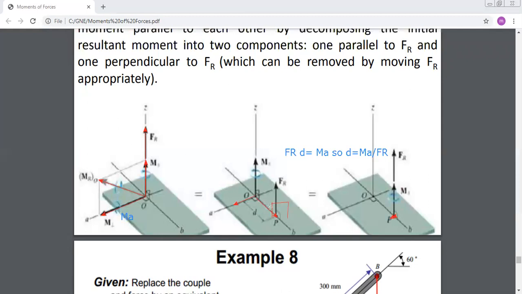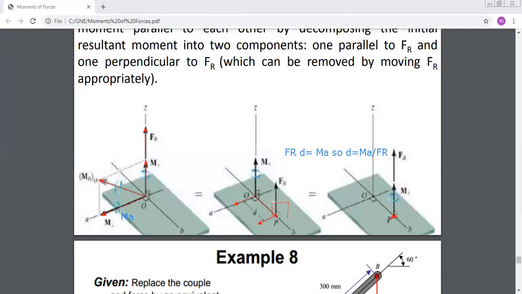This will be your thumb. It will be parallel to A. It will point in this direction. So it's very simple. Put your right hand, four fingers along this direction, and your thumb will point parallel to A, directed towards the left.